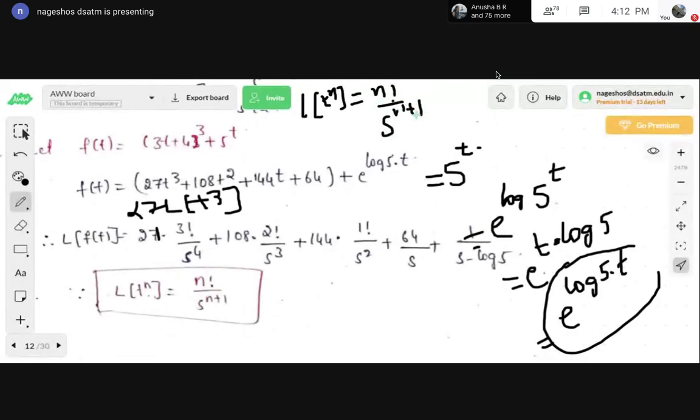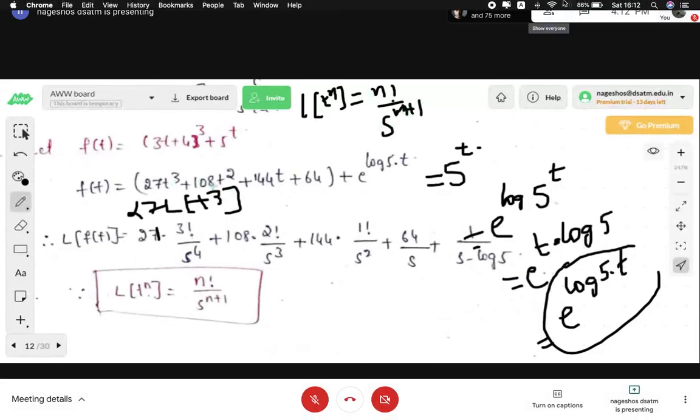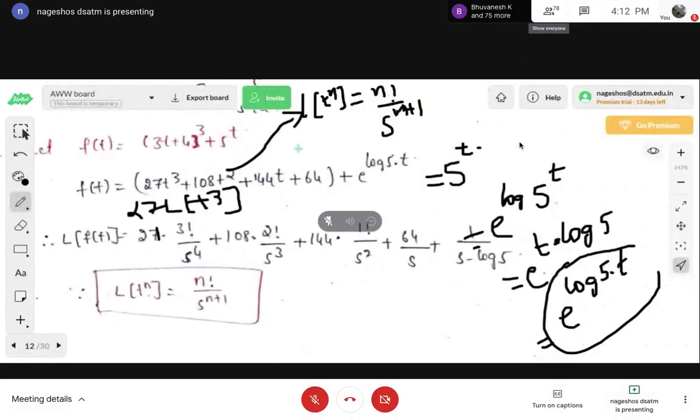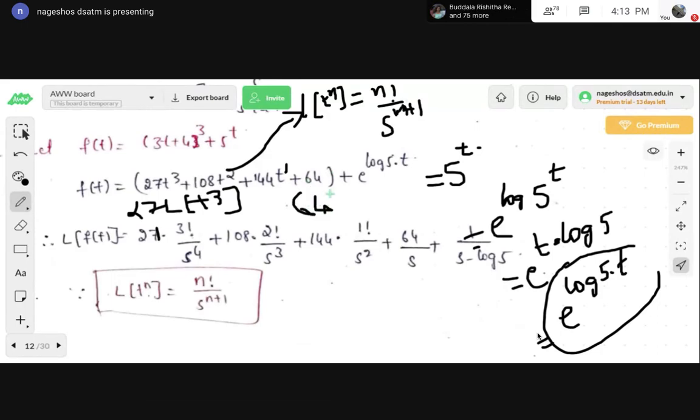Gamma won't come here because it is a positive integer. 3 is a positive integer, so we use this formula: in place of n, 3, so s power 3 plus 1. Then 108 outside; again use this formula only: 2 factorial divided by s power 2 plus 1. Again the same formula, because t power 1 is a positive integer. Next, for this, 64 outside, the Laplace transform of 1.